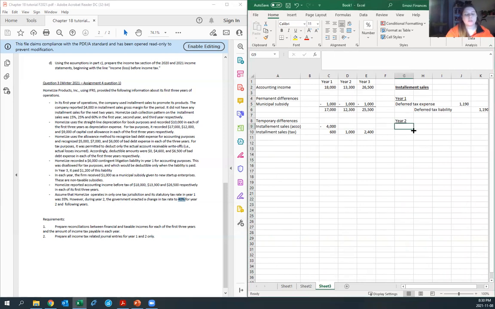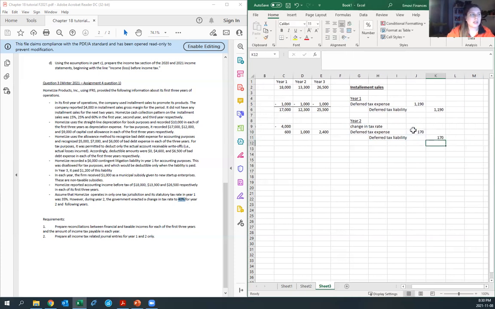So first, you want to do the change in tax rate. So you want to increase both. So you want to do $400,000 times 40% minus 35%. So you're increasing your deferred tax liability by $170.